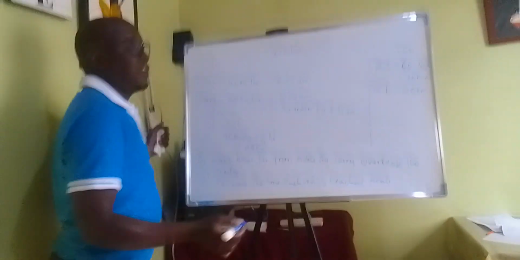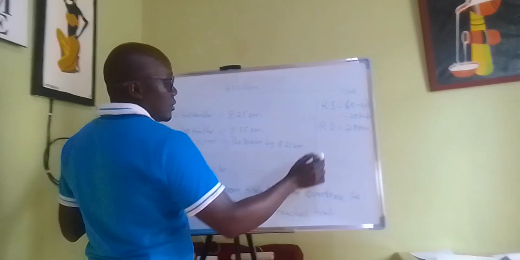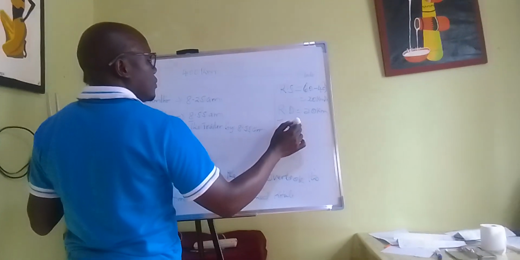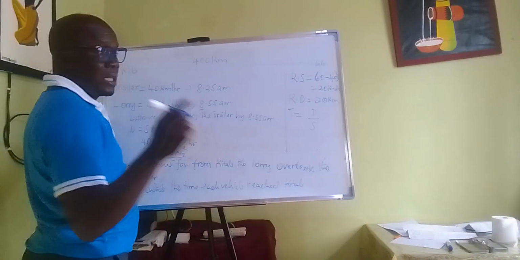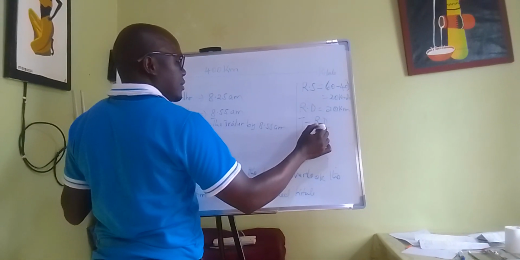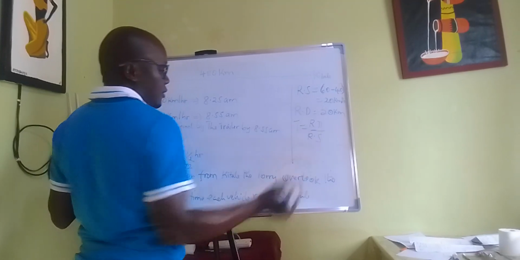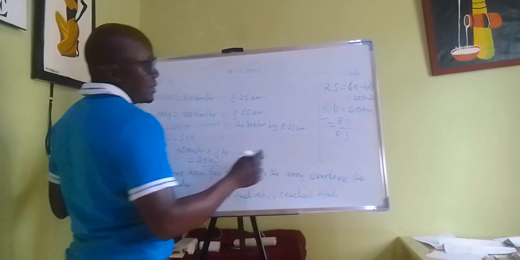Then, now it's very easy to get the time. How do we get time? We know time is equal to distance over speed. In this particular case, we have the relative distance over relative speed. What's the relative distance?